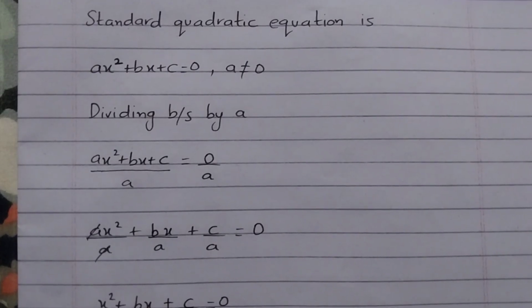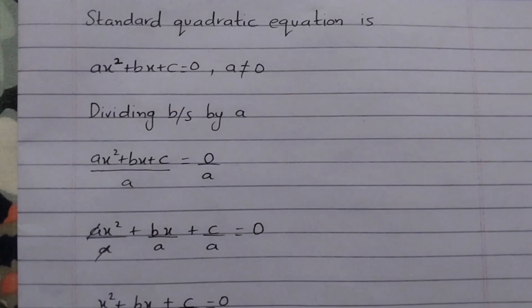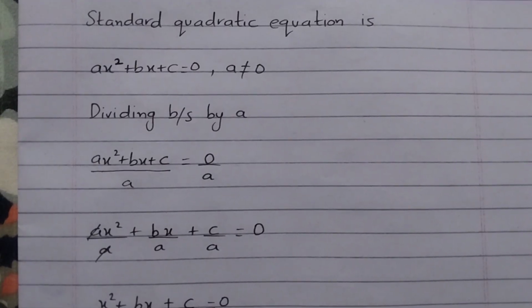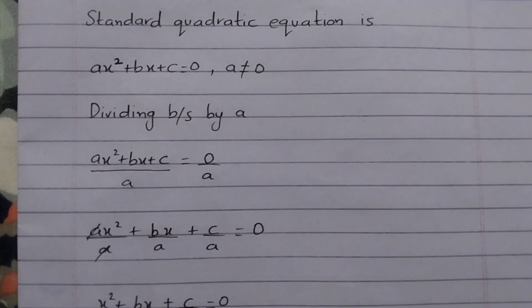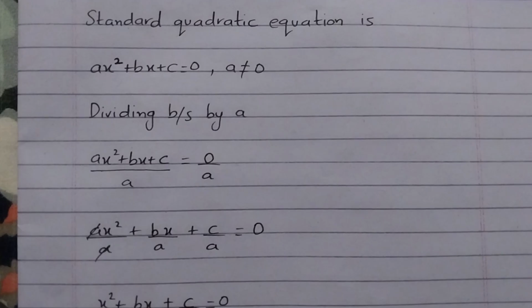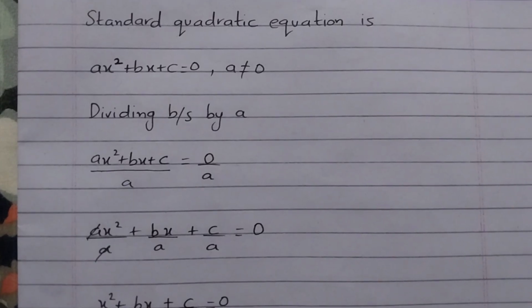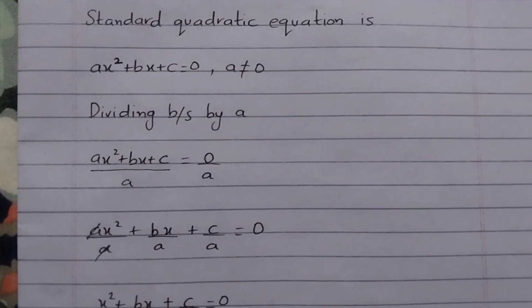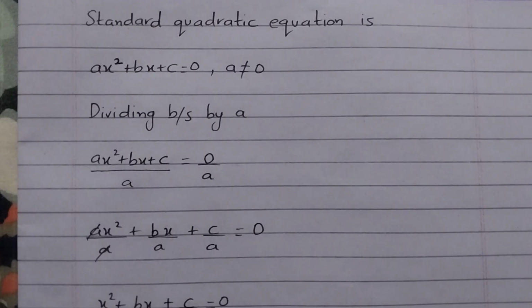Dividing both sides by a, we get (ax² + bx + c)/a = 0/a. Three terms are being added and they are being divided by the same number, so we can separate those terms and write them separately divided by this number.